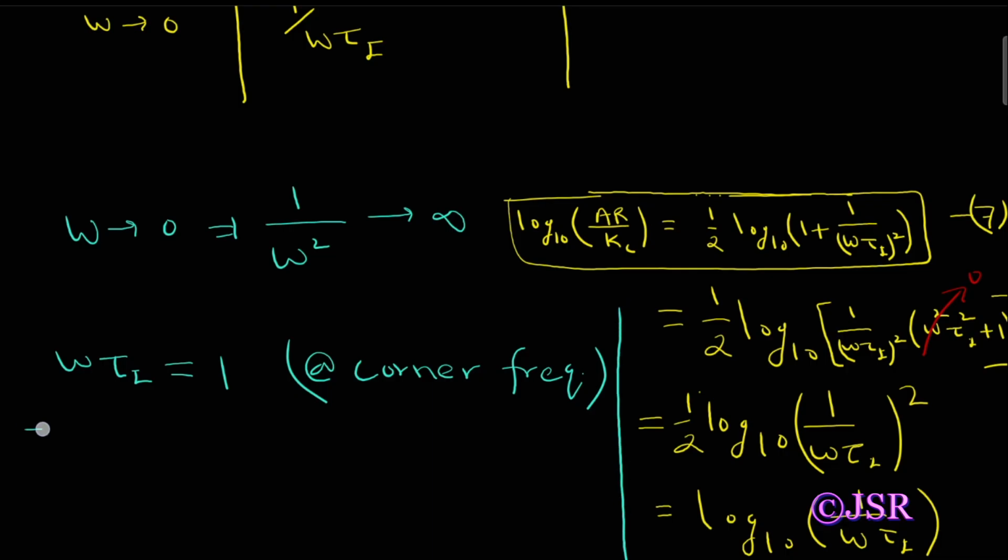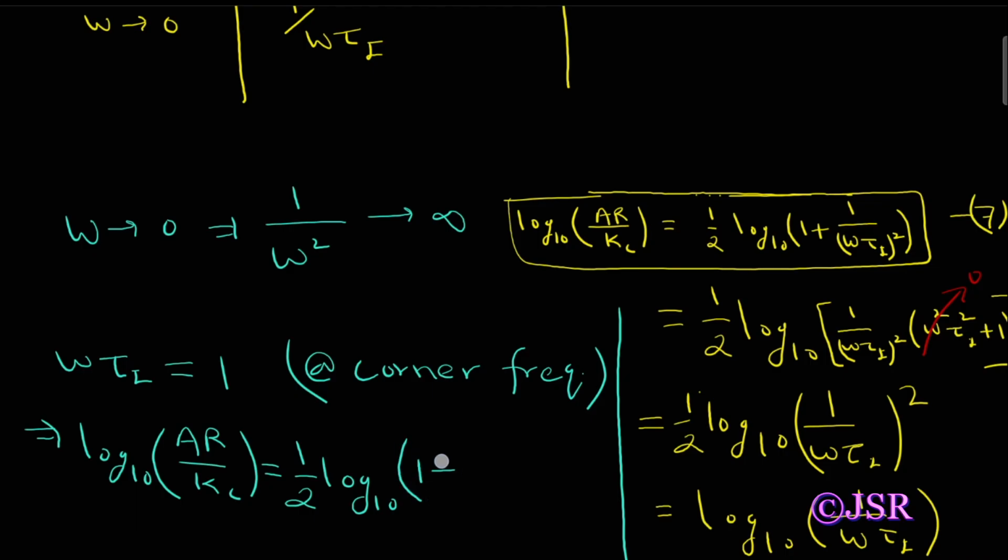So in that case, log 10 AR by Kc will be equal to half log 10 of 1 plus 1 upon omega tau I whole square.